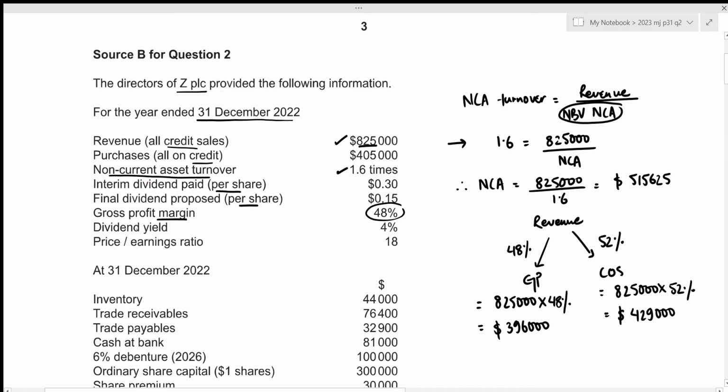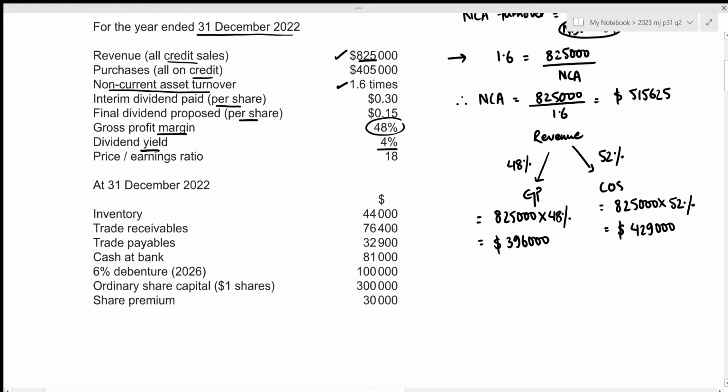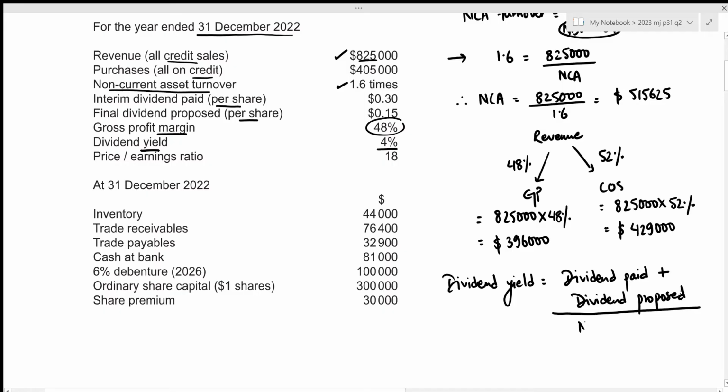Okay, then we're given dividend yield, and dividend yield has a value of 4%. Now again, we need to work with the formula for dividend yield, and the formula is just dividend yield equals to dividend paid plus dividend proposed, and these are just going to be the rate per share, and we divide it by the market price per share.